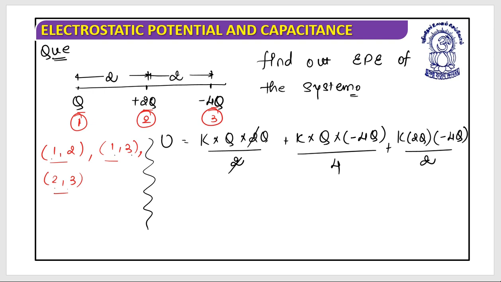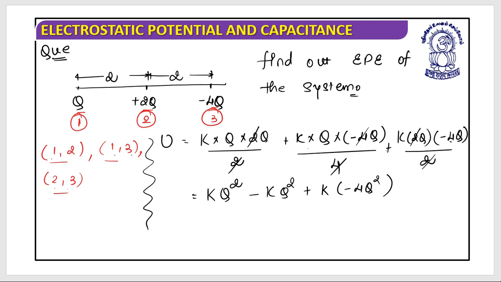Yes, so this 2 would cancel, this 2 would be gone, and this 2 would be gone. So what remains is kq into q, it's kq square, this is minus k into q square, and this is plus q into minus 4q, so this is k into minus 4q square.